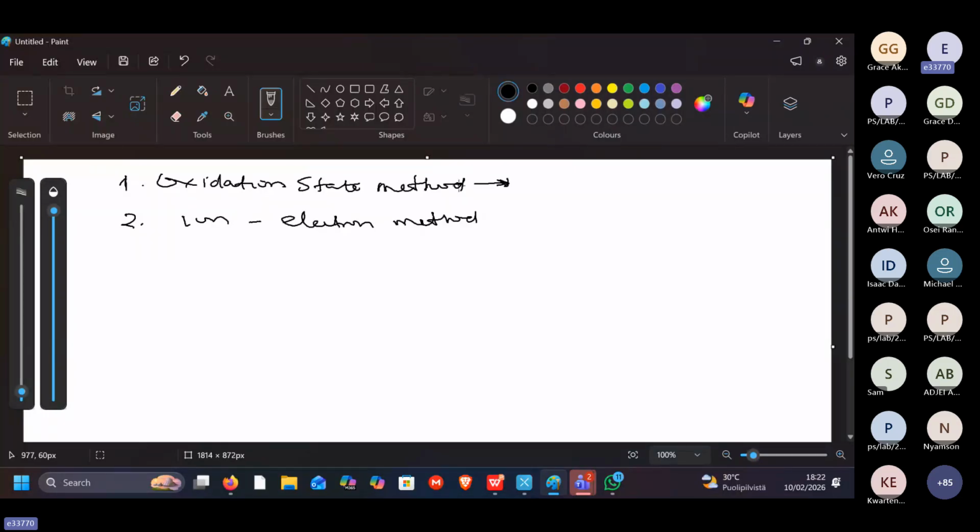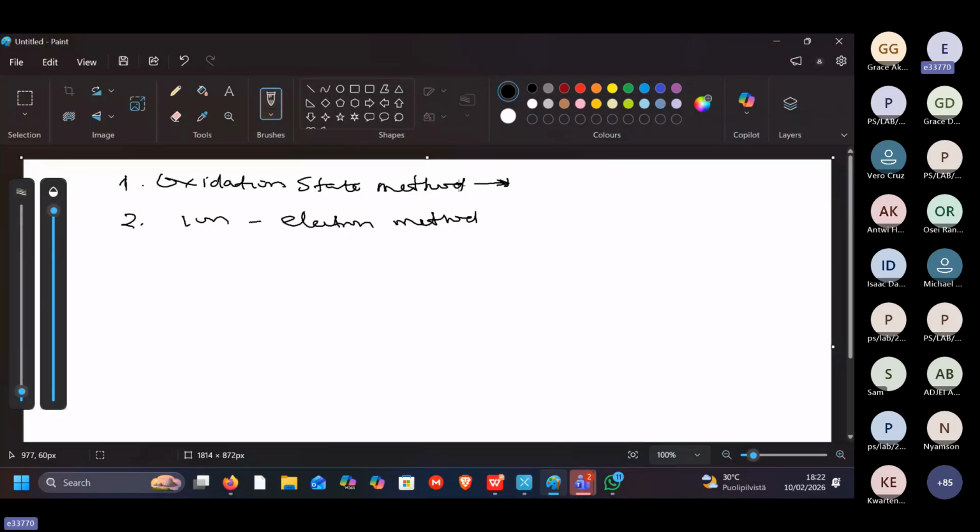Redox reactions happen in mediums, either acidic medium, basic medium, or neutral medium. Acidic medium means that at the end of the reaction there's an acid, that is H plus, in the system, or one of the species is an acid. That means the redox is happening in an acidic medium.